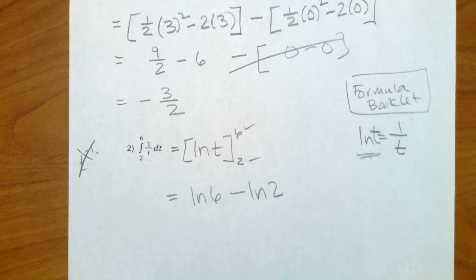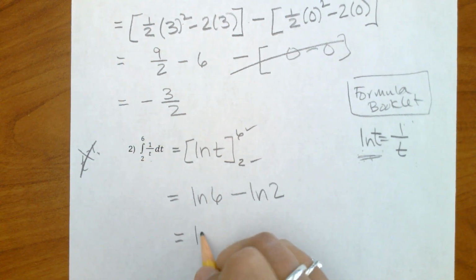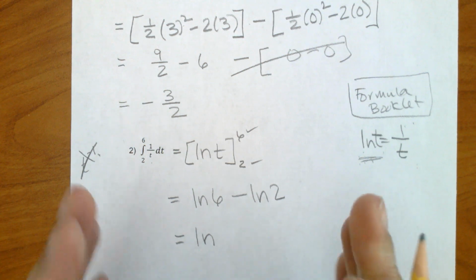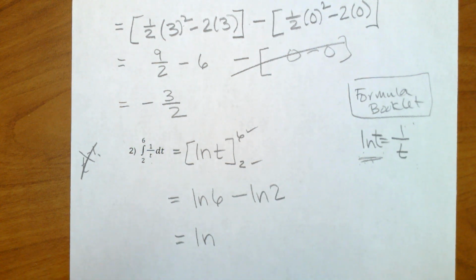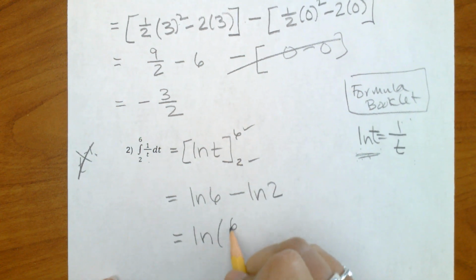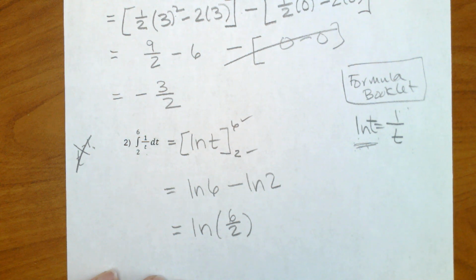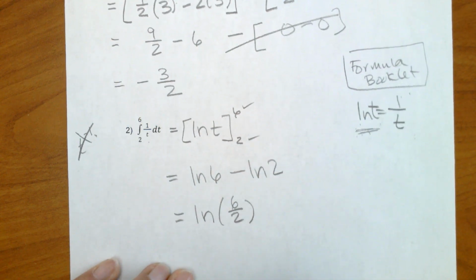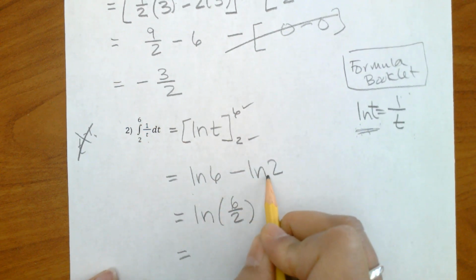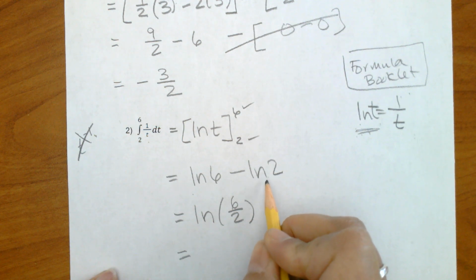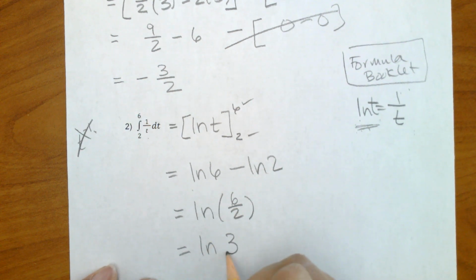Now, when you subtract them, if you want to bring them down to 1 natural log, we learned this last year, when you're using logs and natural logs and you have subtraction, what you're really going to do to the numbers is divide them. So that's the rule. So if you want to go from natural log of 6 minus natural log of 2, it's going to be the natural log of 3.